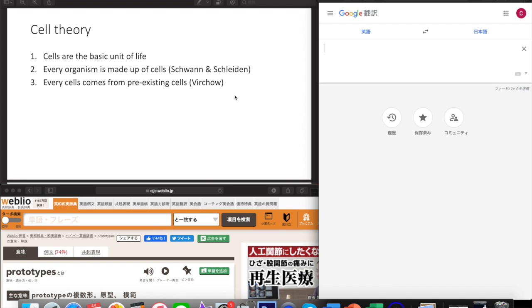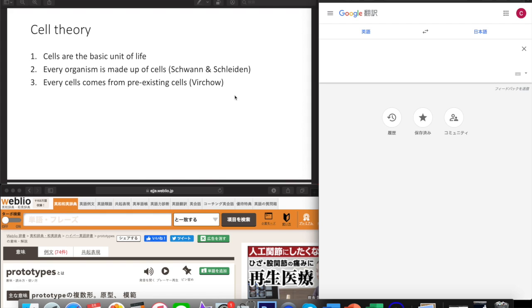Sorry, what do you mean by organism made from the cell? Oh, okay. Schleiden and Schwann were studying tissue and proposed a unified cell theory.